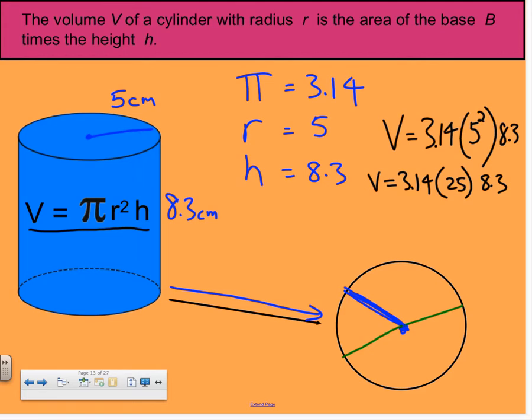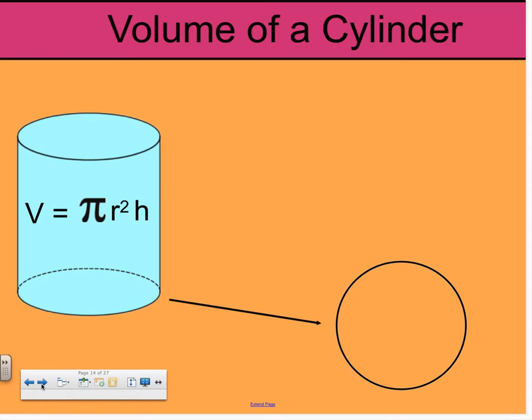All right, so now we do 3.14 times 25 times 8.3, and we end up with the volume of 651.55. And this volume has to have a unit. We were dealing with centimeters, so it's going to be centimeters. And remember, volume is always cubed. So the volume of this cylinder is 651.55 centimeters cubed.